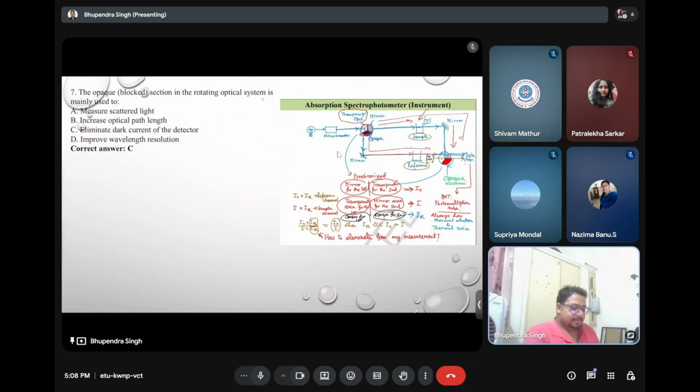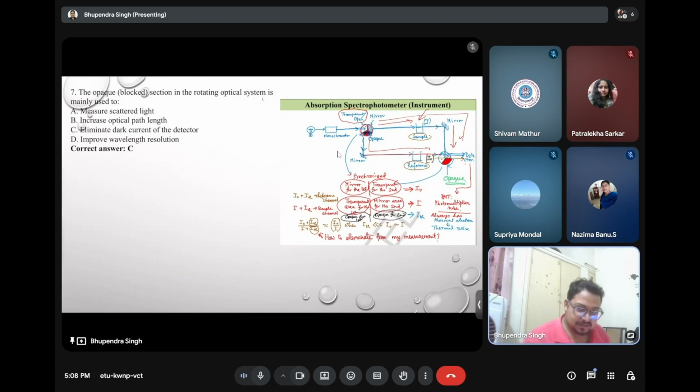So when both of them are opaque, still the detector will detect some count. It will give you some absorption. Let's say this is for an absorption spectrophotometer, with a detector like a PMT detector or any other detector. These detectors will have thermal noise, so electrons will always be ejecting.